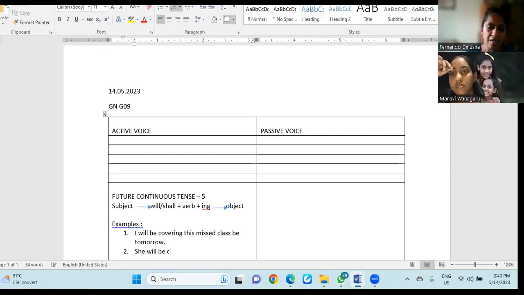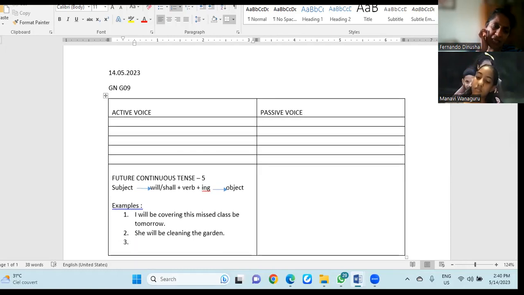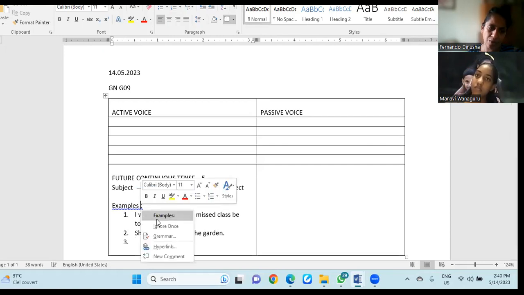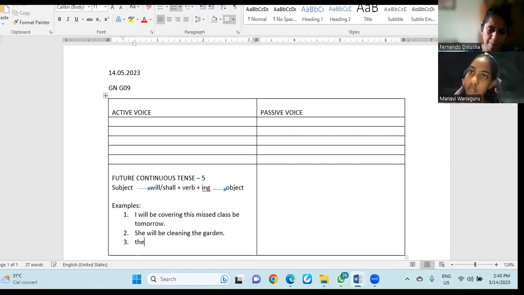She will be cleaning the garden. Definitely will be, shall be, it must be used there. That is the place where we can make this statement strong. Okay. They shall be helping me.